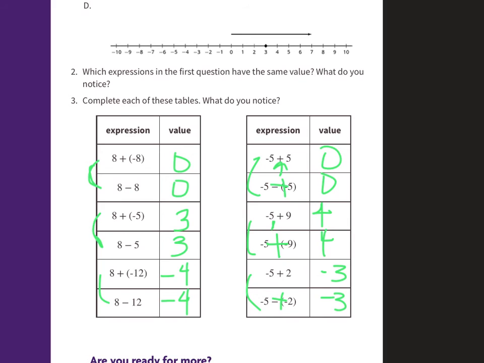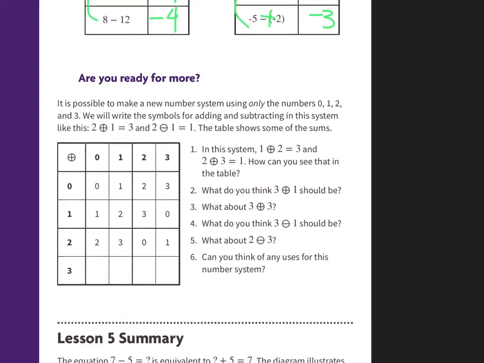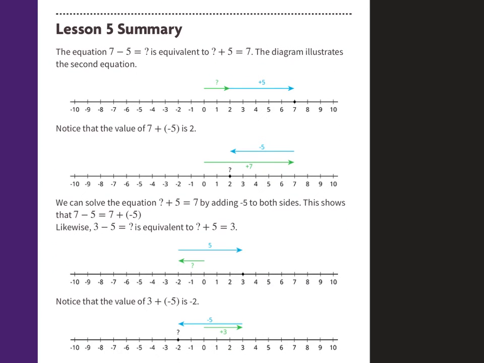Once again, use your calculator here. And that's it. So, looking at the summary, the equation 7 minus 5 equals what is equivalent to what plus 5 equals 7. The diagram illustrates the second equation. What plus 5 is going to give me 7. Notice that 7 plus negative 5 is 2, or 7 minus 5 is 2. So we can solve the equation question mark plus 5 equals 7 by adding negative 5 to both sides, or subtracting 5 from both sides.